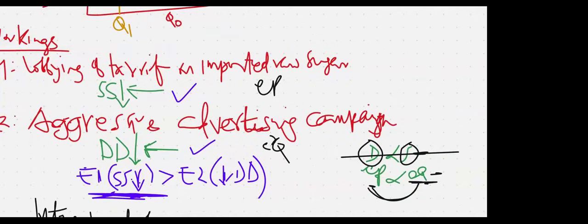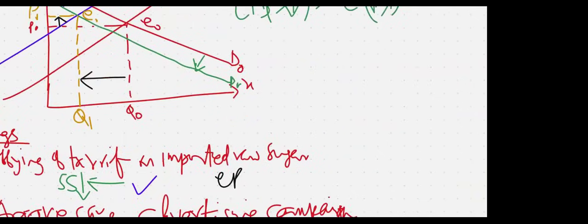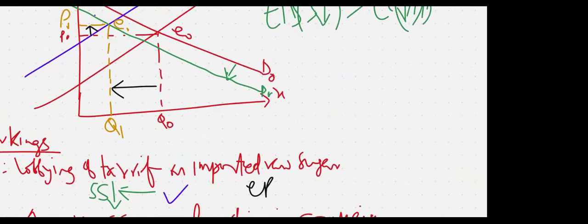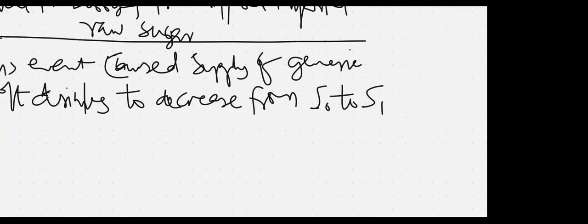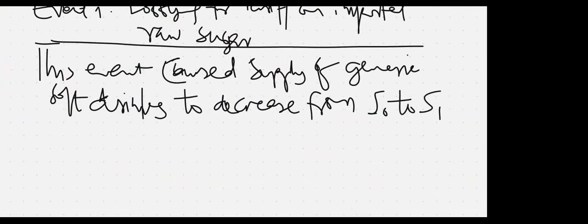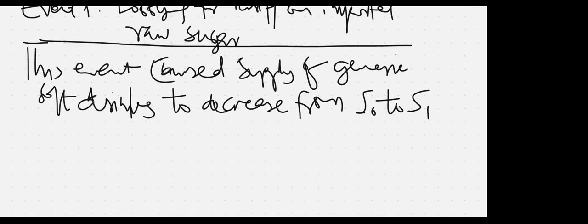When I say it will affect equilibrium price, it means that it will move the equilibrium price from P0, the original state, to P1, the new state. So let's see. This event caused supply of generic soft drinks to decrease from S0 to S1, right?